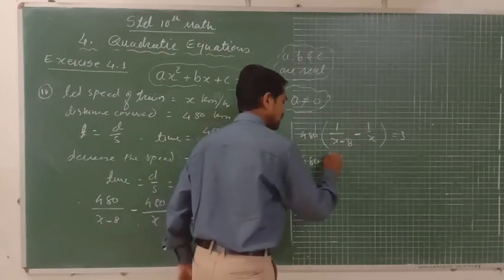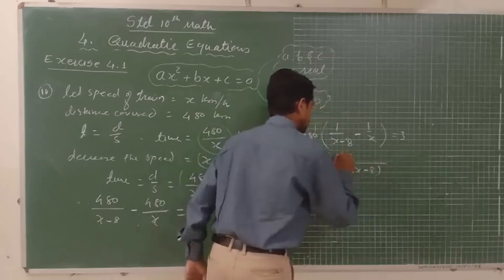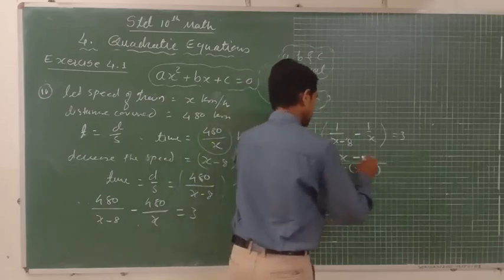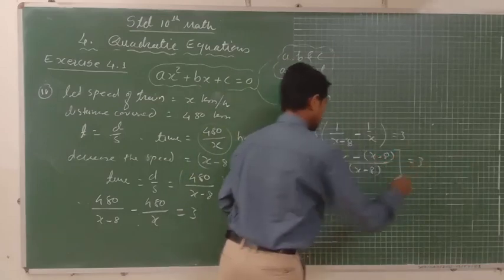Now solving this is easier for you: x into x minus 8 gives the denominator.